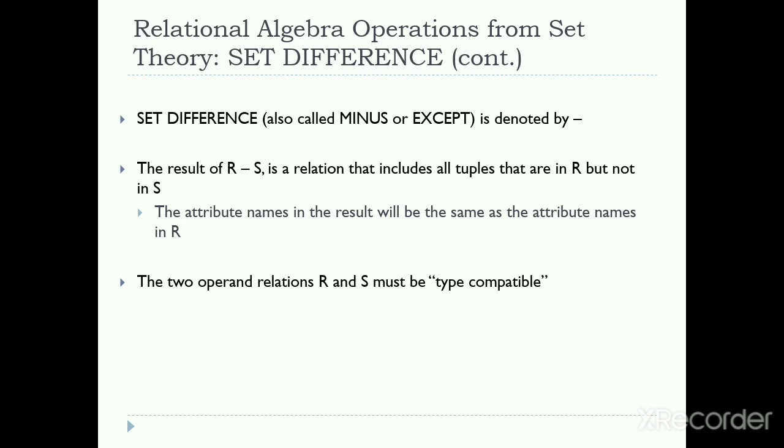The attribute names in the result will be the same as the attribute names in relation R, that means in the first operand relation. Again, both relations must be type compatible.